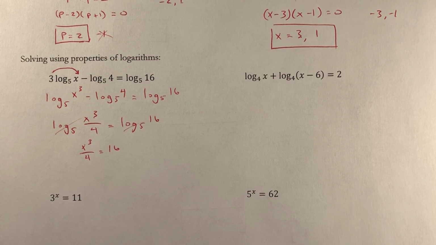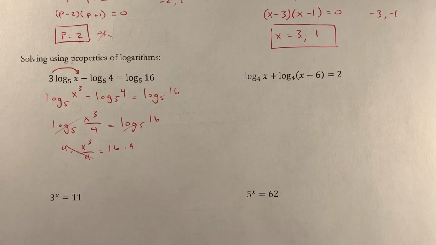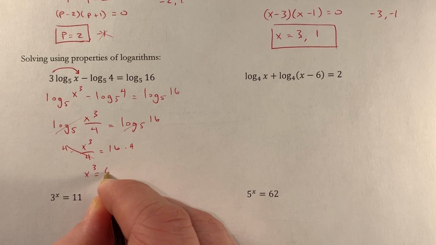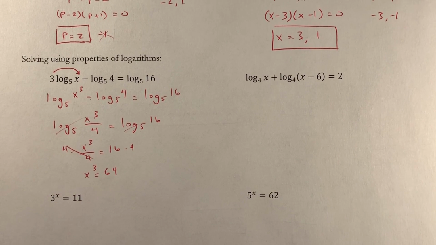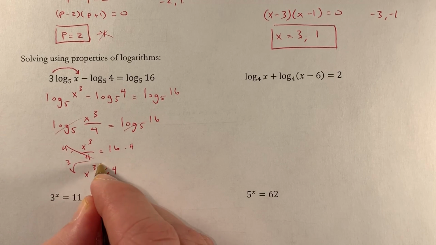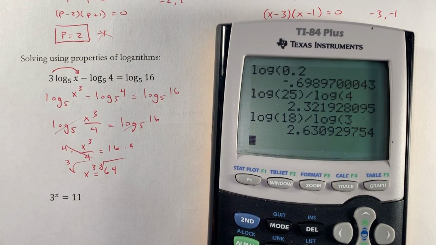So I can multiply both sides by 4, and 16 times 4 is 64, so x cubed equals 64. And in order to get rid of that cubed, I can do a cubed root. So the cubed root of 64.